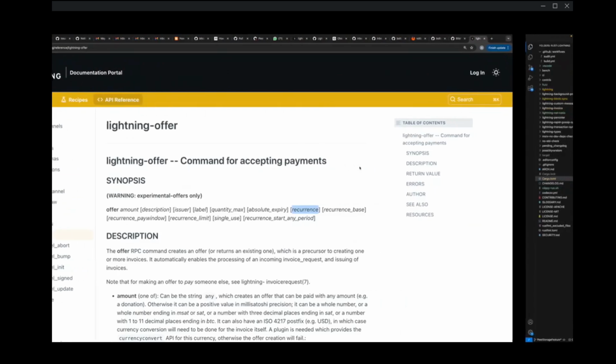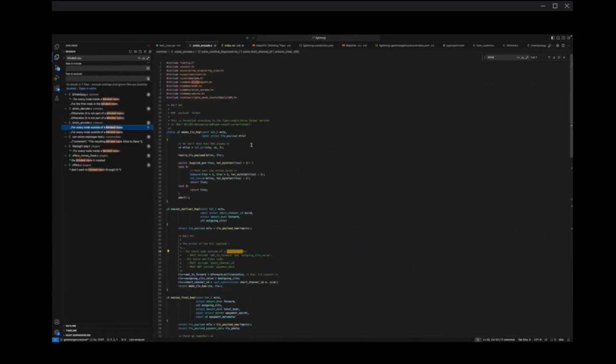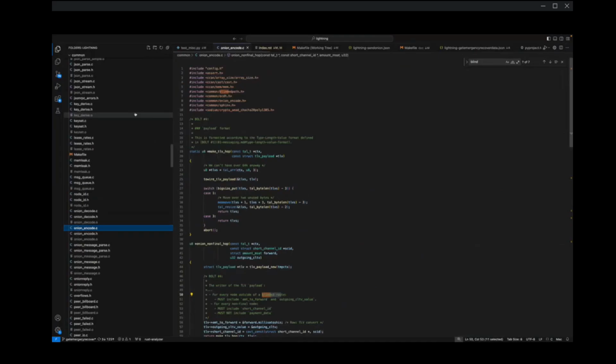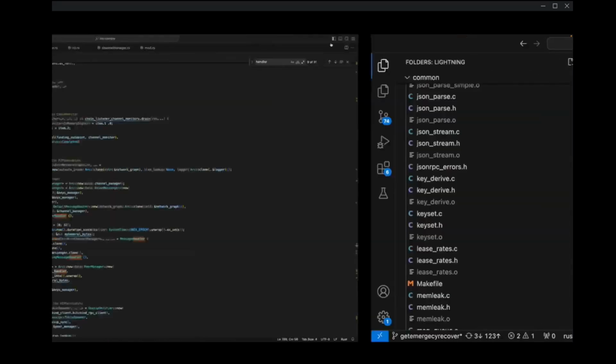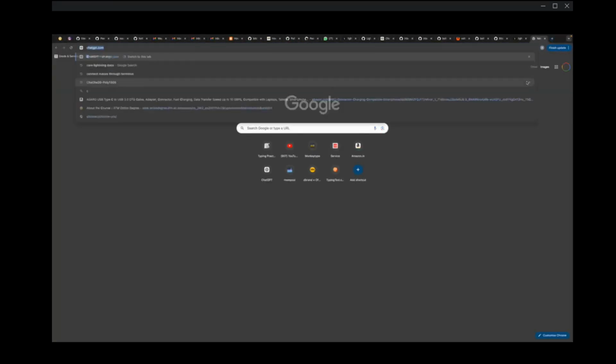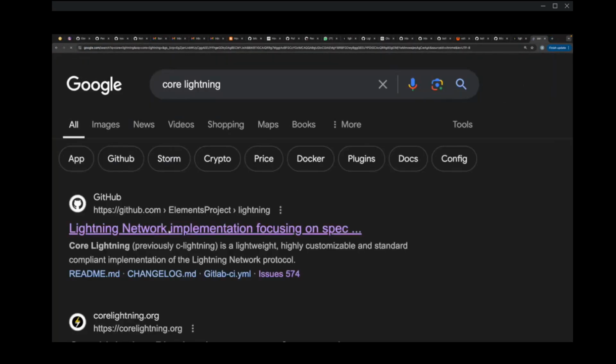Yeah. So you would have to clone the Lightning repository. Wait, I'll show you. You would have to clone the core Lightning repository, which is this one. Wait, I'll share the GitHub link as well. This one.